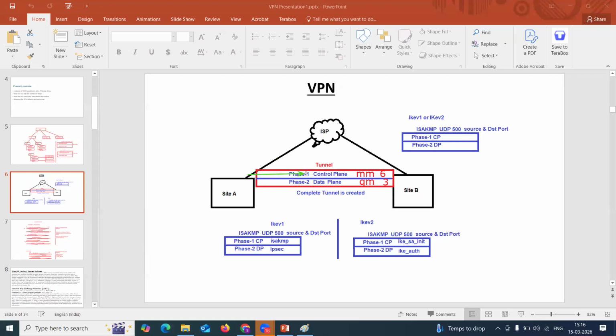What is the use of control plane and what is the use of data plane? We'll understand that in these message exchanges.